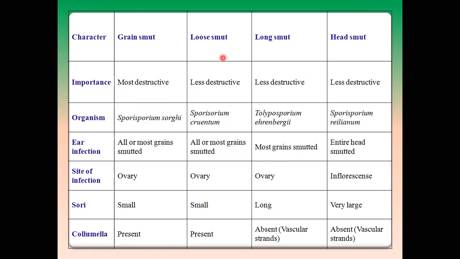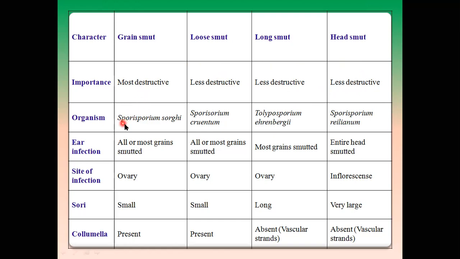But long smut is less destructive as compared to the grain smut. The remaining three diseases are less common, with infection generally seen up to 10%. So these are less destructive as compared to grain smut.